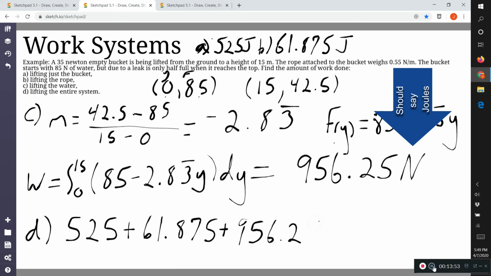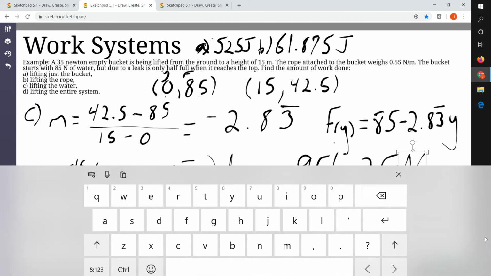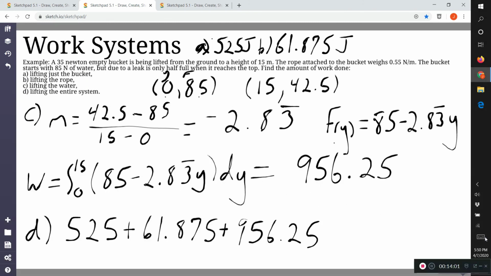I made a mistake here. This should be joules. Sorry about that. All work is measured in joules or foot-pounds with rare exceptions for other units. 1,543.125 joules for the whole system.